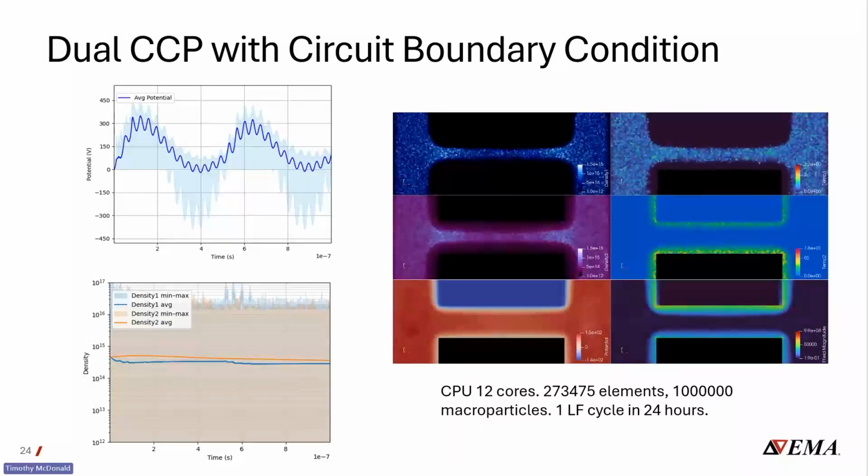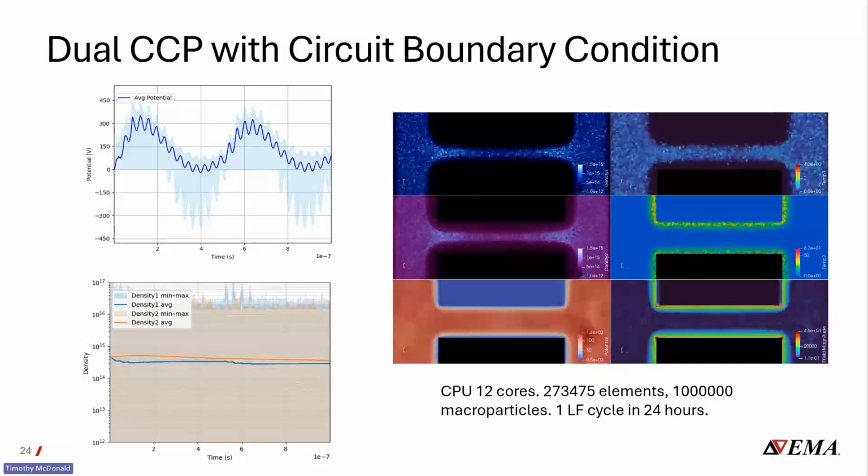You can see very clearly in the potential, we're seeing both the high frequency, the little wiggles, and the low frequency. We're getting 2 full cycles of the low frequency. You can see the potential is getting quite high. However, we're getting through 1 low frequency cycle in 24 hours, on the order of 250,000 mesh elements, with 1 million macroparticles in this case.